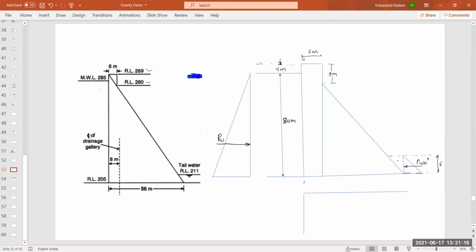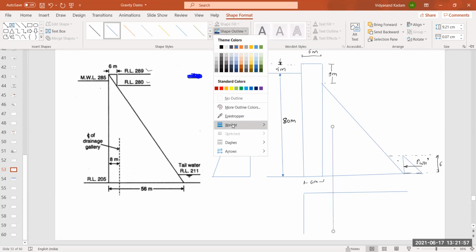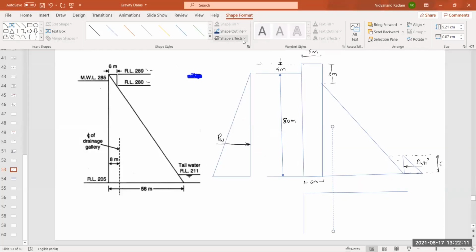So this is also 6 meter. Total distance is shown as 56 meter. And the drainage gallery is at a distance of 8 meter from the upstream face of the dam. So we have to mark that line of position of the drainage gallery. So this is the position of the drainage gallery, at a distance of 8 meter from the upstream face.